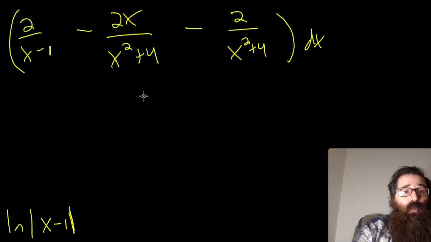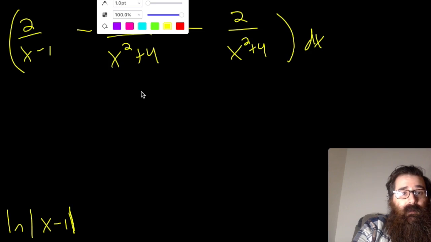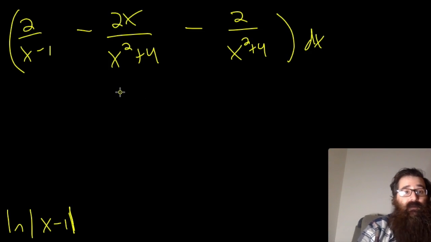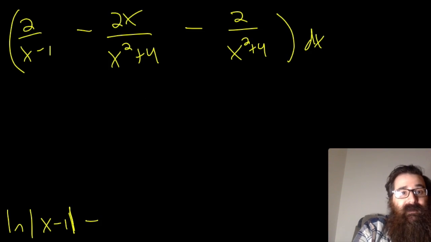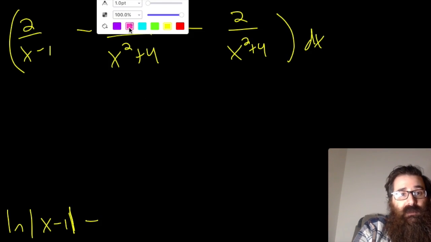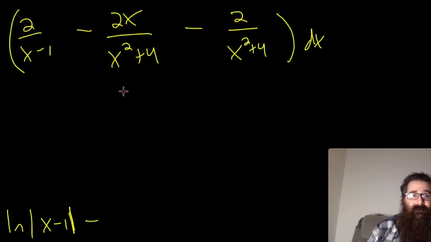For this next one, this middle one, I can integrate this. Let me put the minus sign first, the subtraction symbol between them. I can integrate this using a u substitution. So here we'd say, let's let u be equal to x squared plus 4. Du is 2x dx.